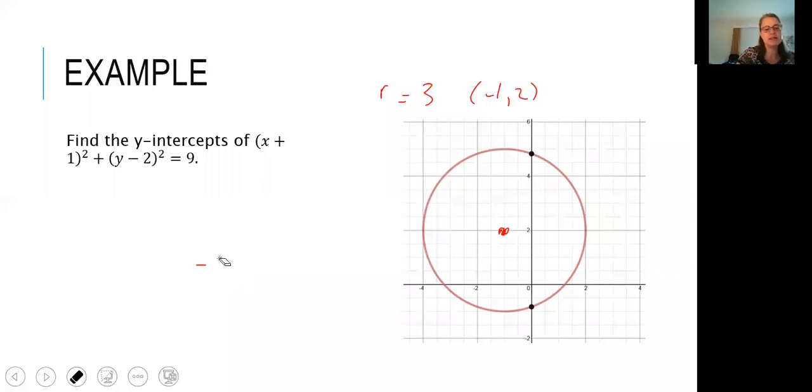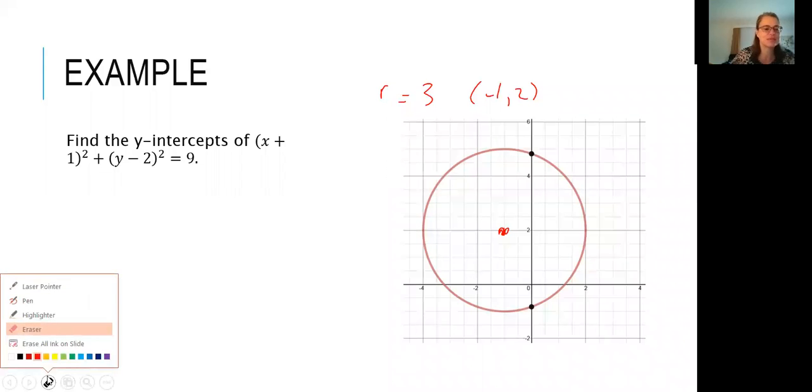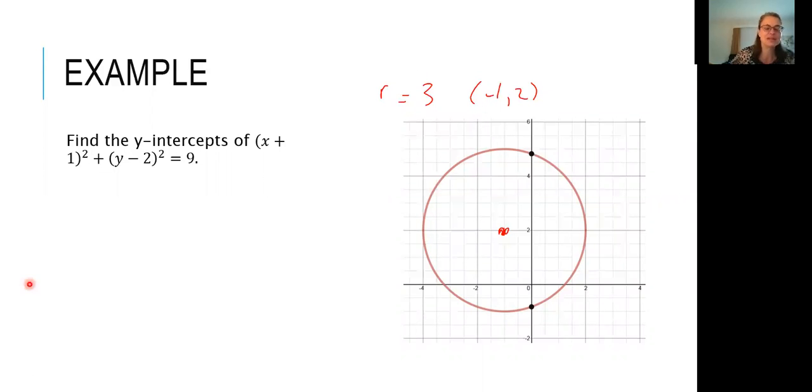And we're being asked to find the y-intercepts. Okay, so what do we know about y-intercepts? Remind yourself of this if you don't know: the y-intercepts are the points where the curve that we care about, in this case the circle, intersects the y-axis.